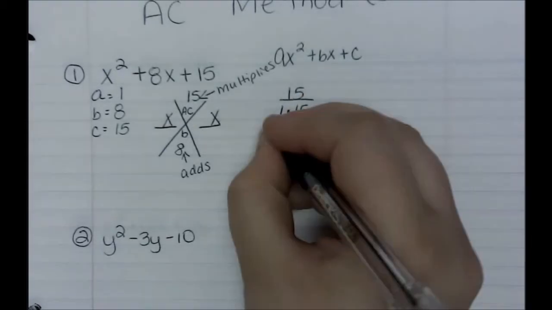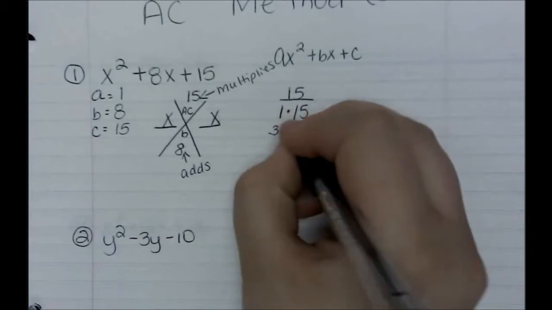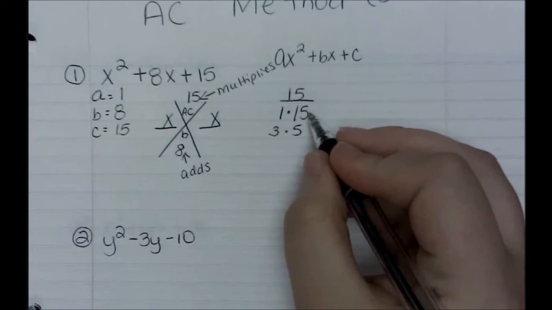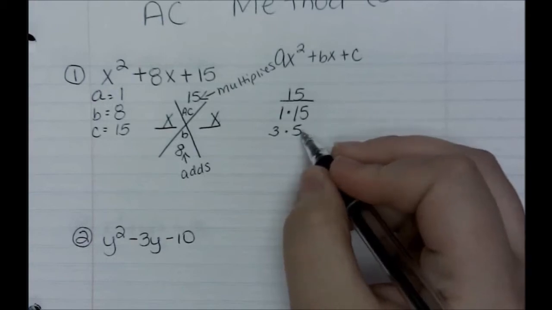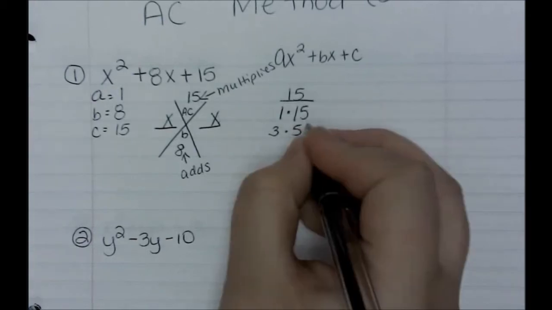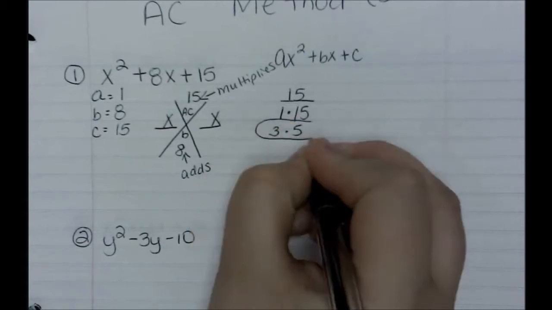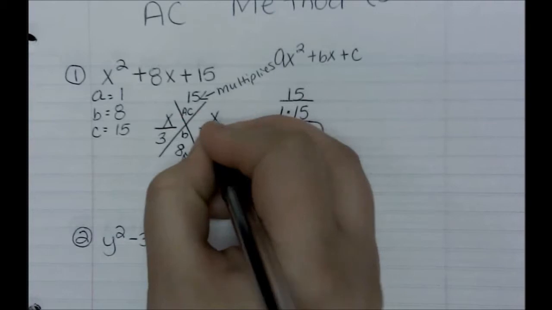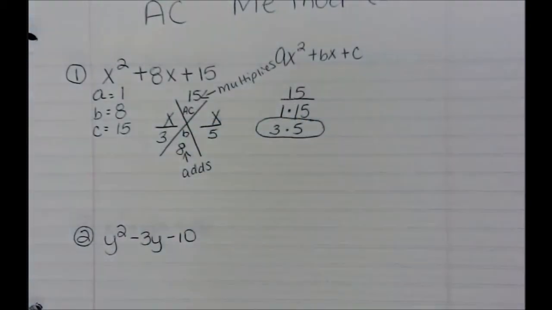And then I know 3 and 5 are factors. So you have to look and say which pair of numbers will add to give me an 8. The answer is 3 and 5. So I'm going to put those under my wings. It does not matter which one you put first.